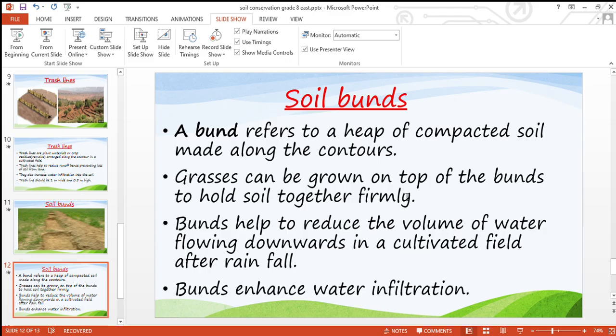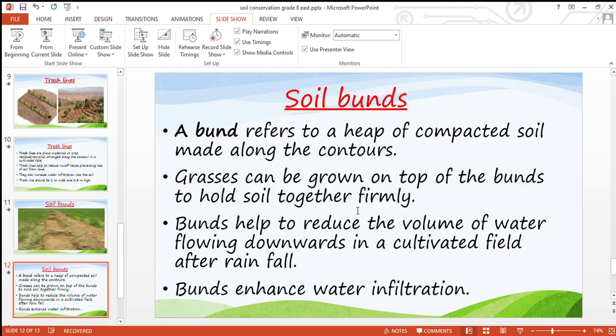Bunds help to reduce the volume of water flowing downwards in a cultivated field after rainfall. So it reduces the volume of water flowing downward in a cultivated field after rainfall.